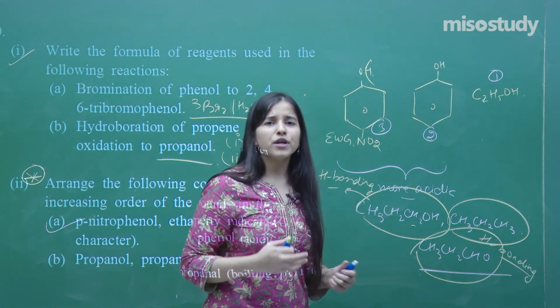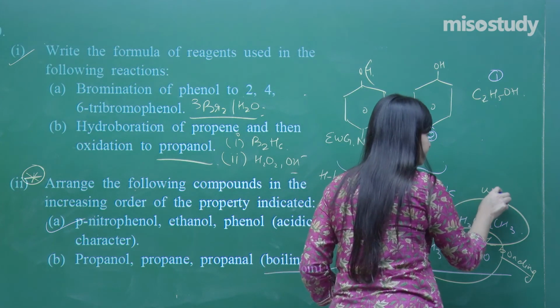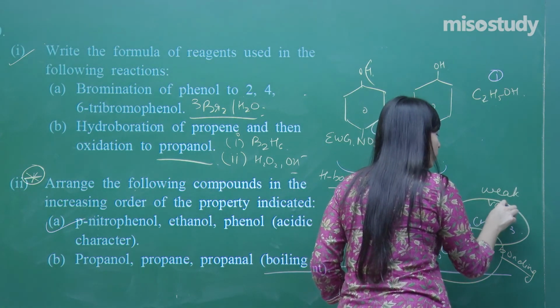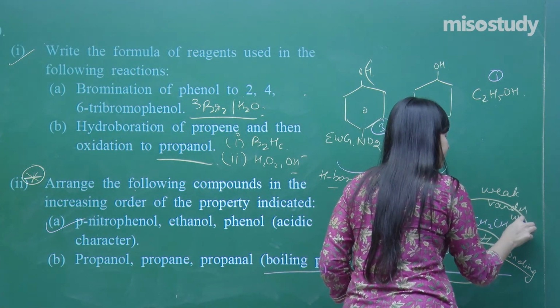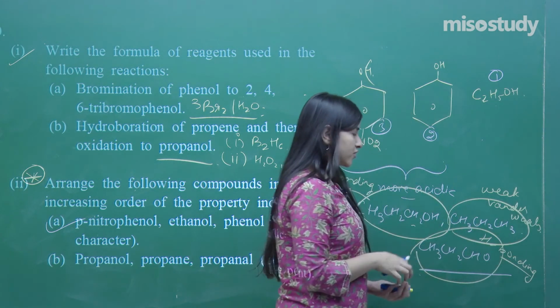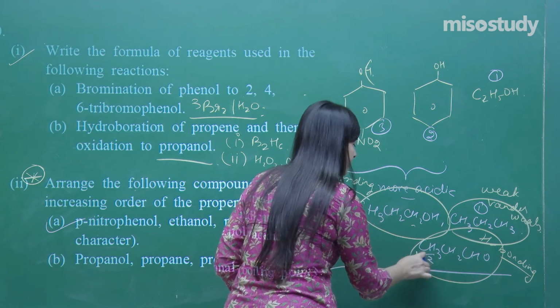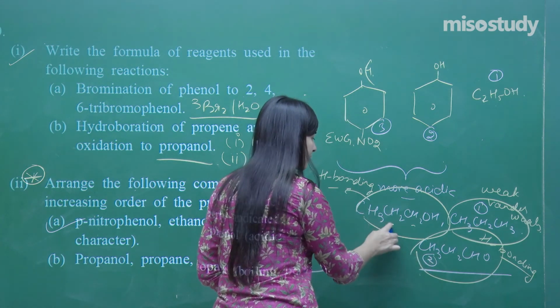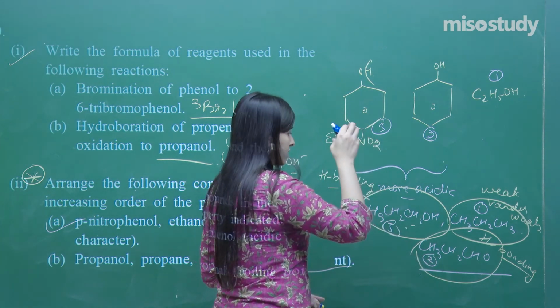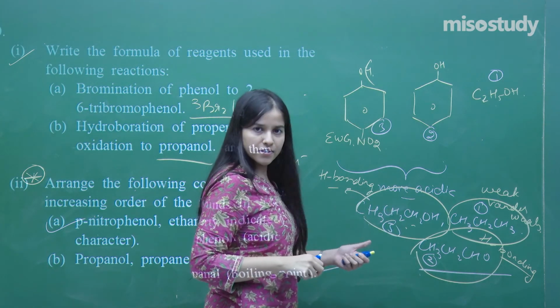There will be very weak van der Waals forces, right? And can I arrange this now? Least one first, next one aldehyde, and third one, the most good bonding which is existing.